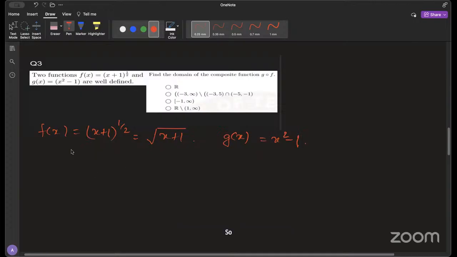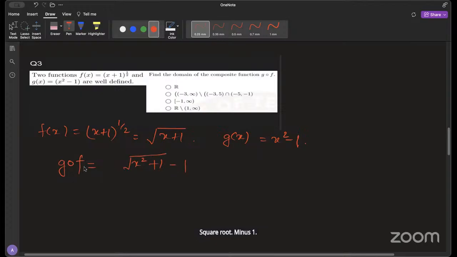So when we compose these two functions, g of f, we get square root of (x squared plus 1) minus 1.